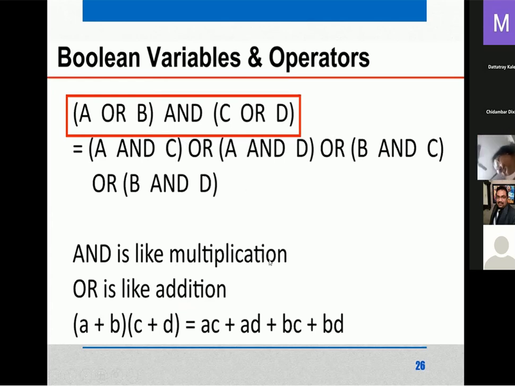AND is like multiplication and OR is like addition, so it can be changed into the same expression. We can expand it as A and C, or A and D, or entire B and C. So these are Boolean expressions, and we are working on them logically. For better understanding, I have given these examples.